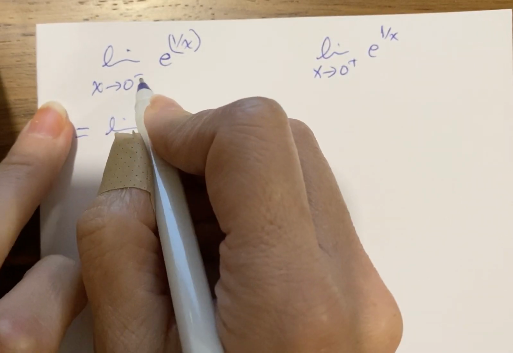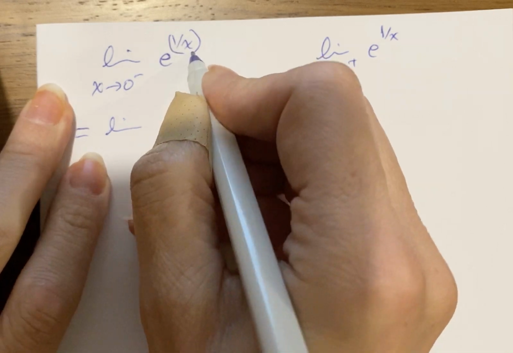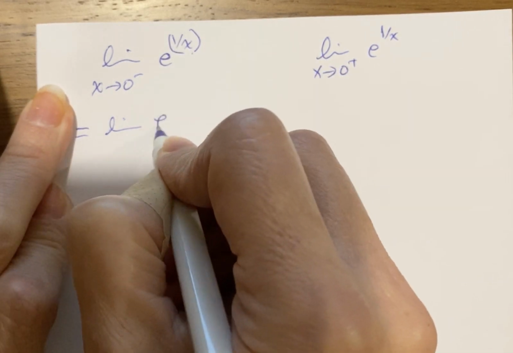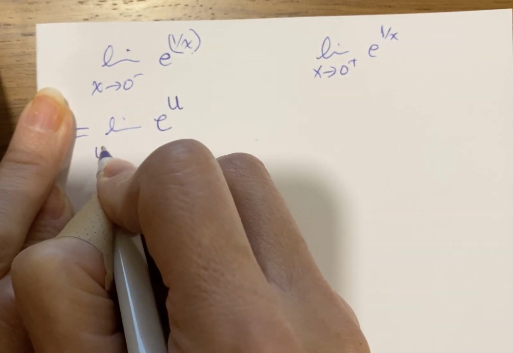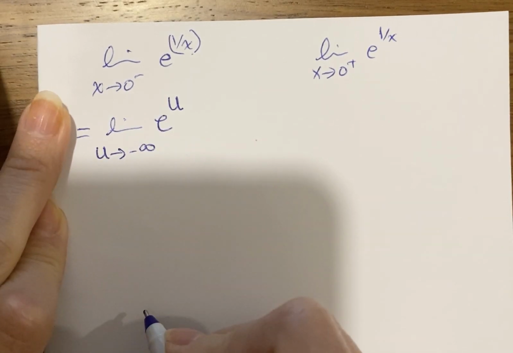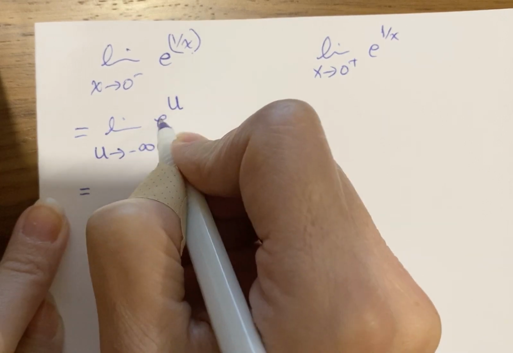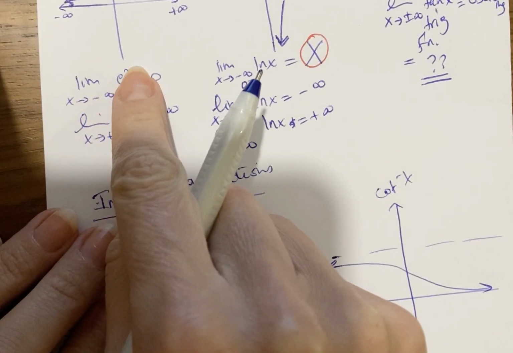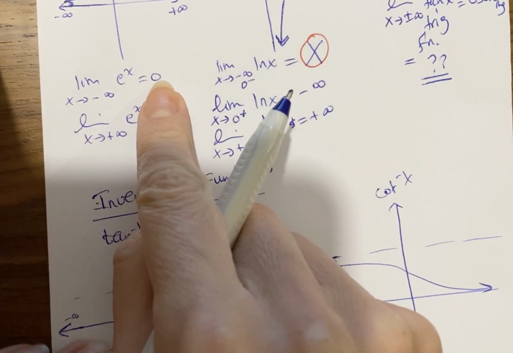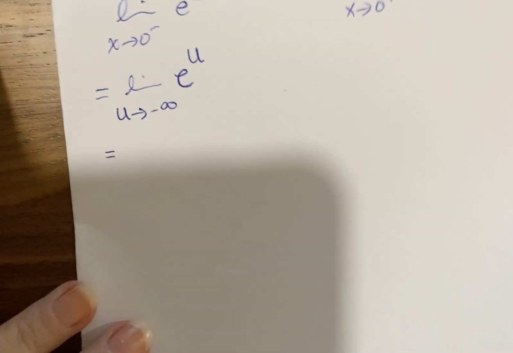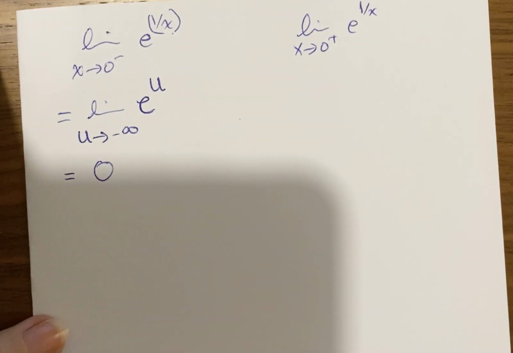When x approaches 0 minus, what does 1 over x approach? Minus infinity. So I call 1 over x u, and I make u head to minus infinity. Then what's the limit of e to the u as u approaches minus infinity? It is 0. So the final limit is 0.